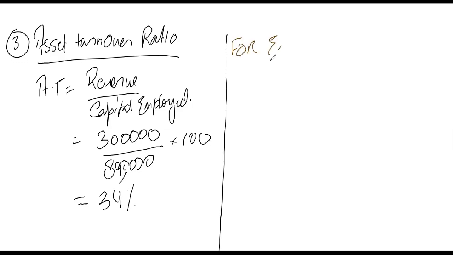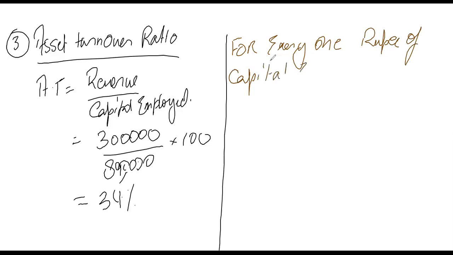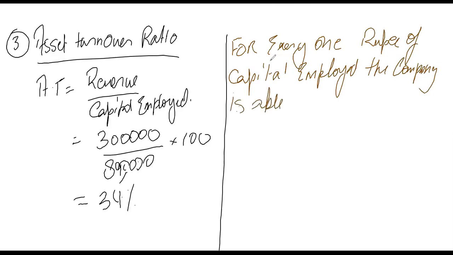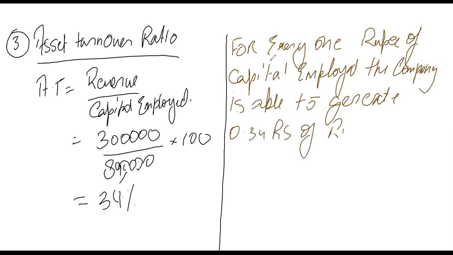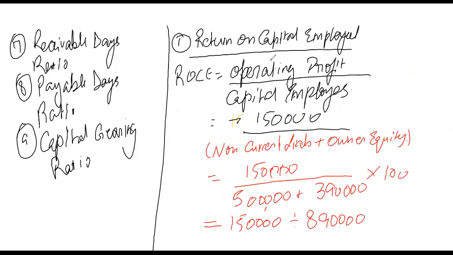For every 1 rupee of capital employed, the company, remember one thing, you'll always go from the denominator towards the numerator, for every 1 rupee of capital employed the company is able to generate 0.34 rupees of revenue.